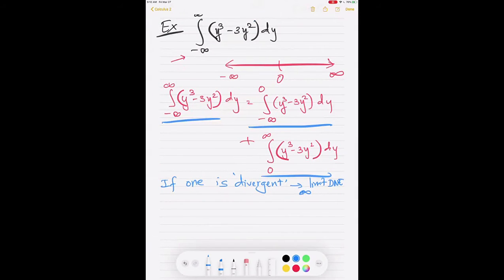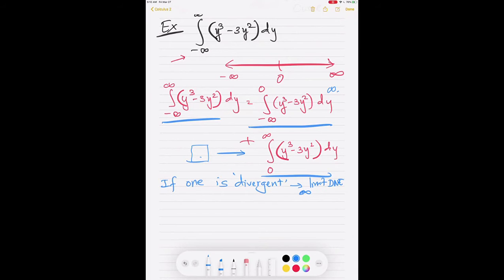So if one of them is infinity, does it matter if this one was convergent or divergent? Does it matter that this adds up to a finite number? Because again, it's the same thing, isn't it? If you have infinite amounts of money and you add $2 more to it, it doesn't make any difference. You still have an infinite amount of money, which means the integral is still divergent.